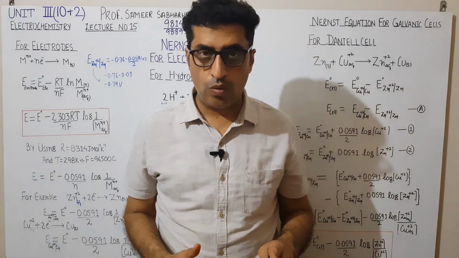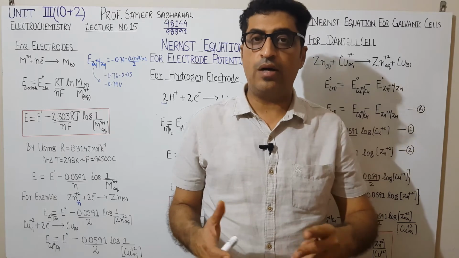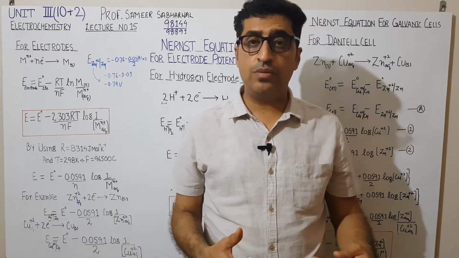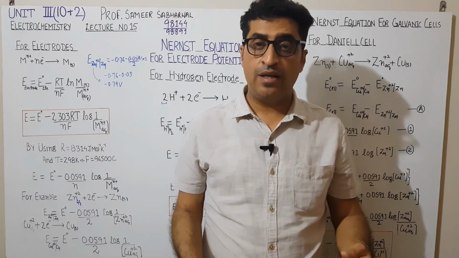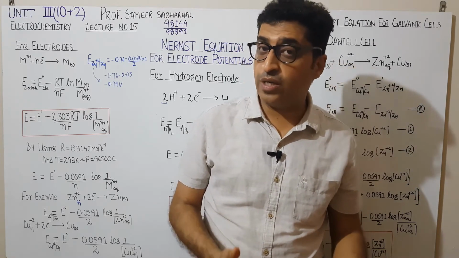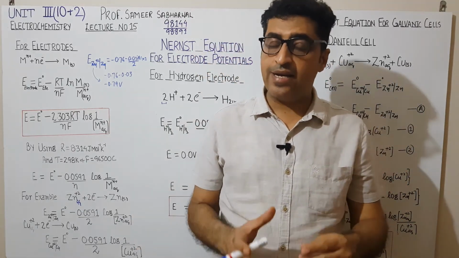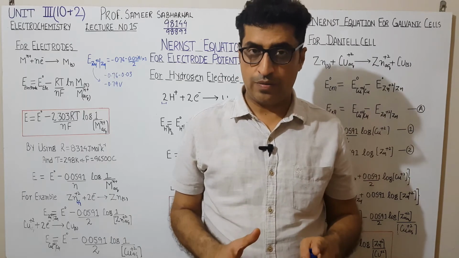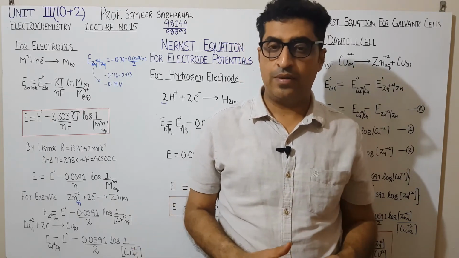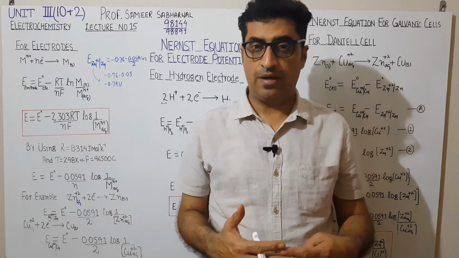I want to know EMF of cell at concentration other than 1 molar, or what happens to the EMF of cell if I increase the concentration of zinc ion or if I increase the concentration of copper ion. Now simply, in case of Daniell cell, we have two electrodes. One zinc electrode, other one is copper electrode. So how can we write EMF of a cell?